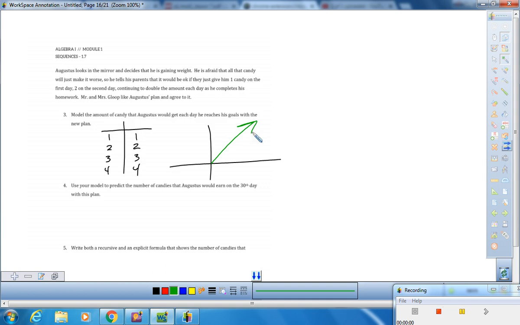Use your model to predict the number of candies that Augustus would earn on the 30th day. My model is 30 candies. That's my prediction. Write both a recursive and an explicit formula that shows the number of candies Augustus will have on the nth day.